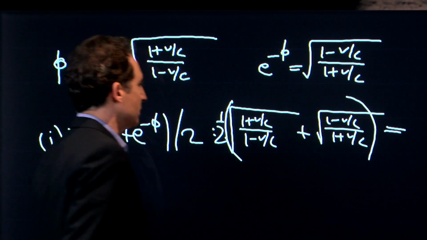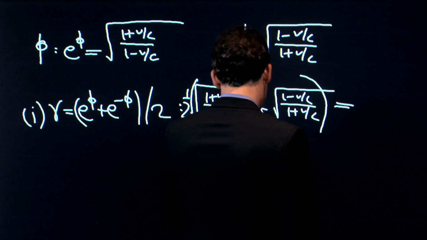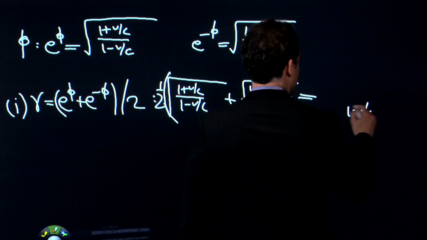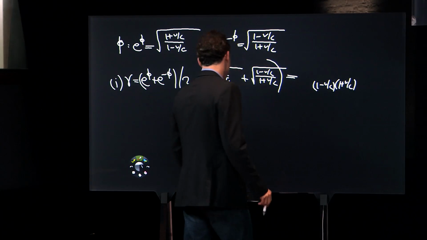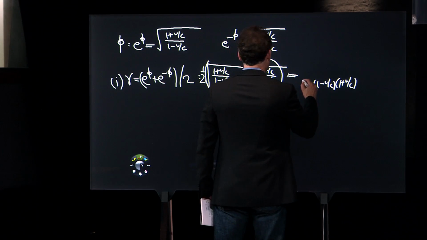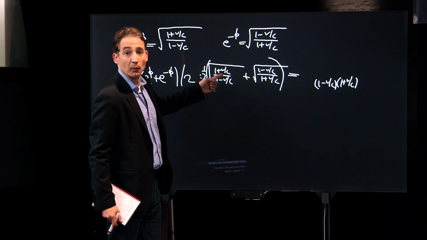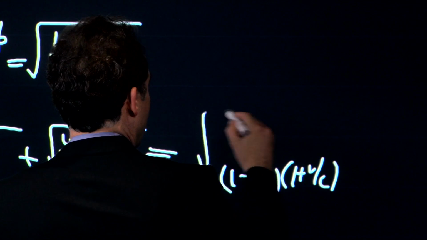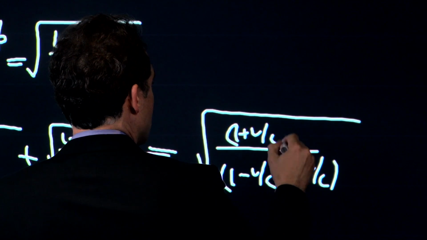All right? In order to evaluate that, let's put it all over a common denominator. Let's put it all over (1 minus v over c) times (1 plus v over c) downstairs. And what will we have upstairs? Well, we'll have 2 terms. From the first term, we multiplied by 1 plus v over c, so that will give us the square root of (1 plus v over c) squared.